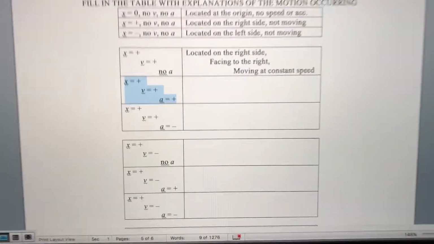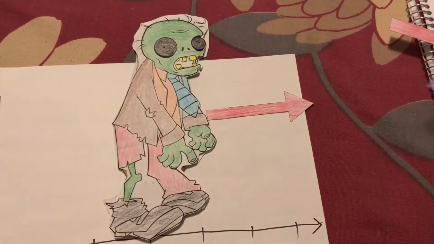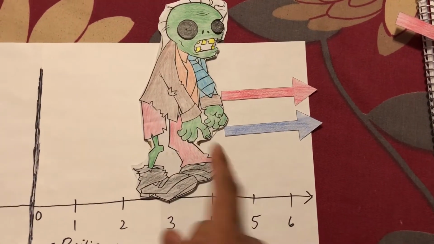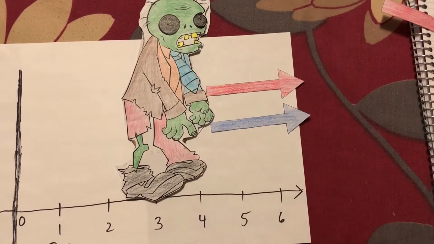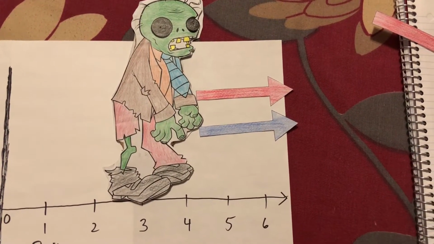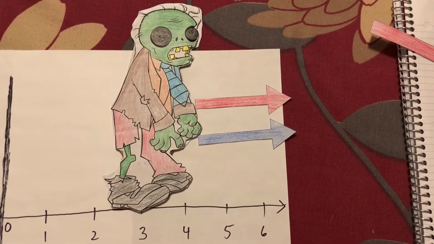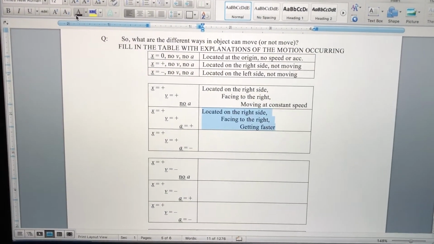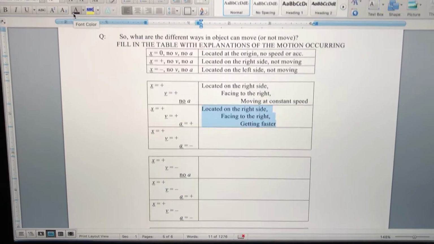Next, if you give it a positive acceleration, what's that going to do? Since the velocity and the acceleration are in the same direction, they are adding on to the effect. The zombie will get faster, which you could see right here, getting faster.